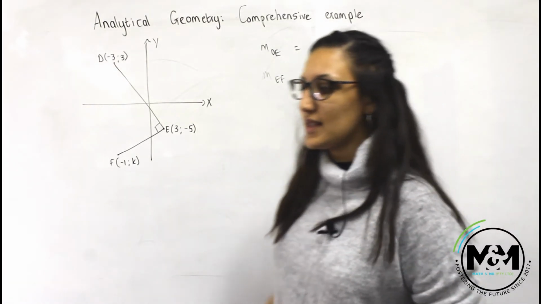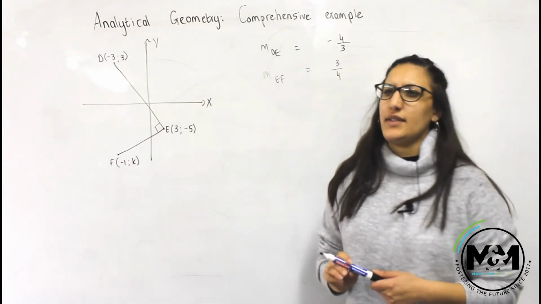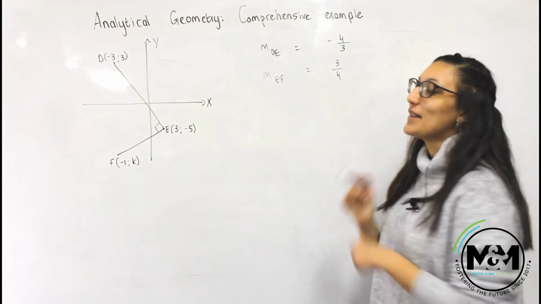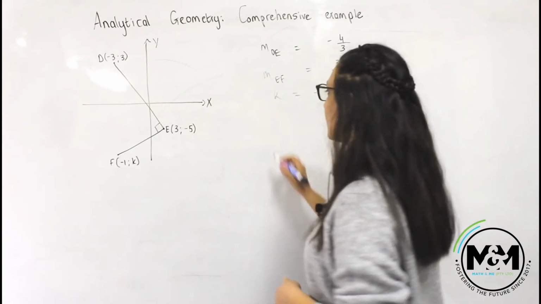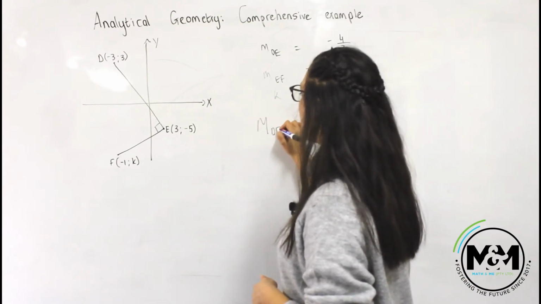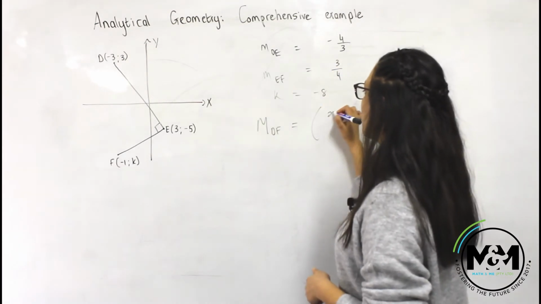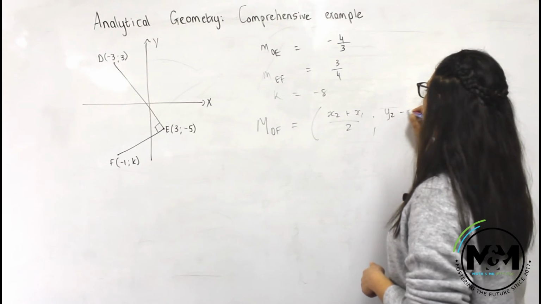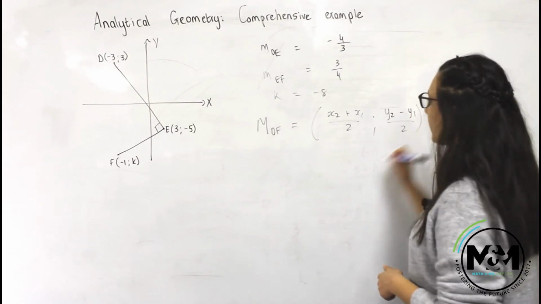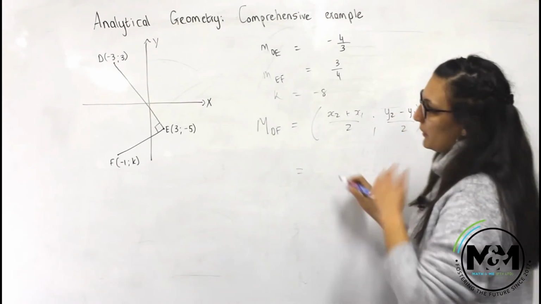Now, the fourth question says, if k is negative 8, determine the coordinates of the midpoint of line DF. So the midpoint of DF, our midpoint formula is x2 plus x1 over 2 and y2 plus y1 over 2. Fill in what you know.